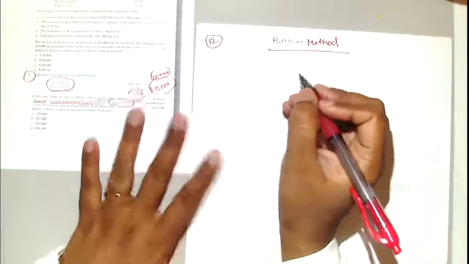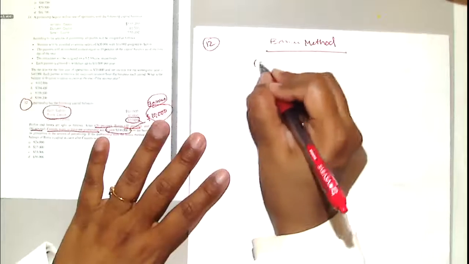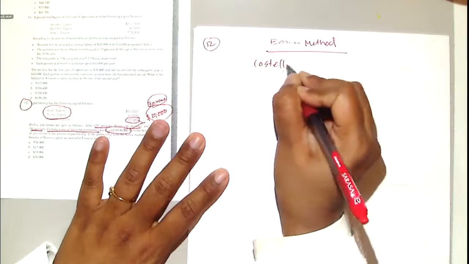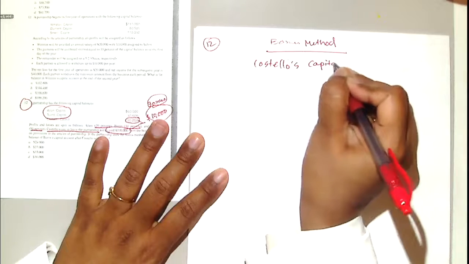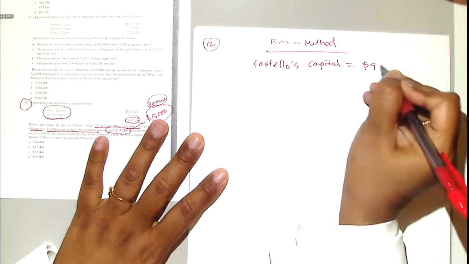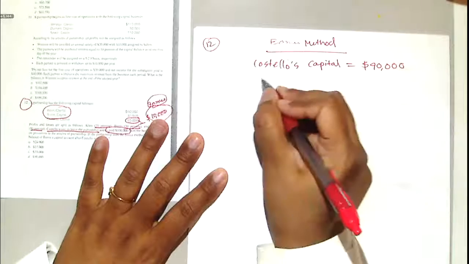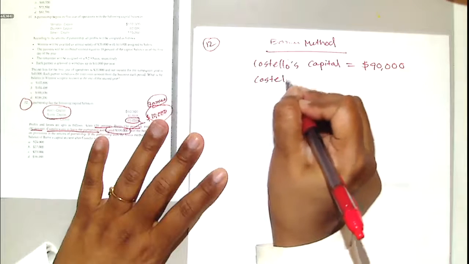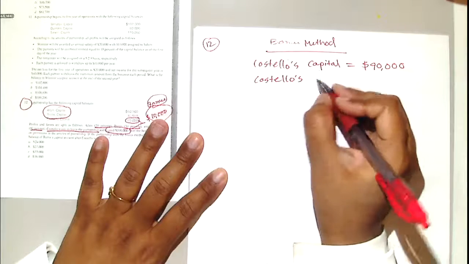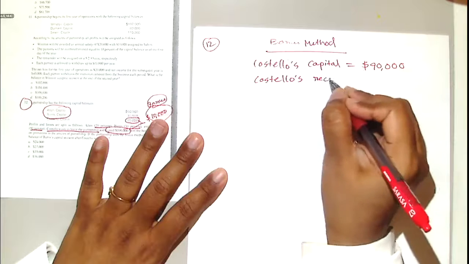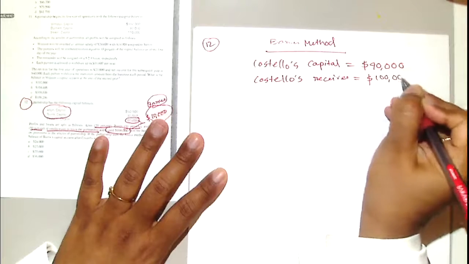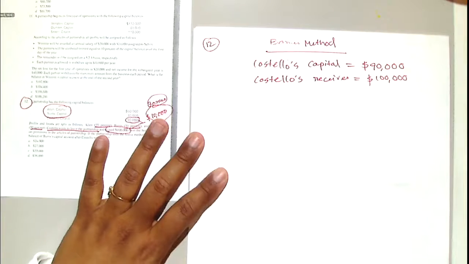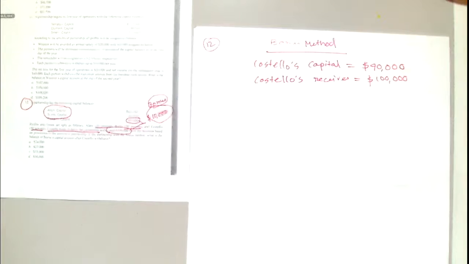Costello's capital. And what does Costello receive? Costello receives 100,000. I love to write a little detail, but when you feel expert, you should be fine.